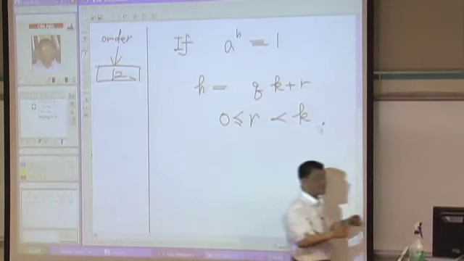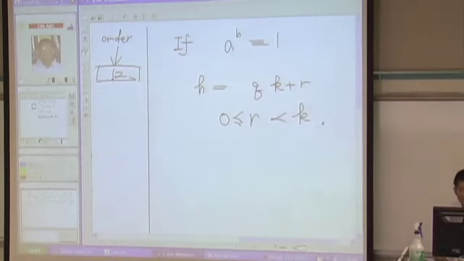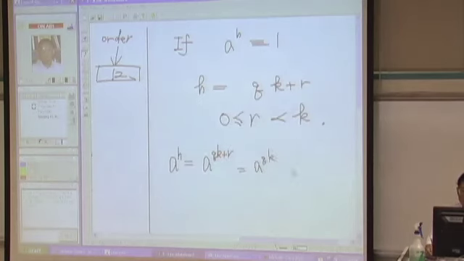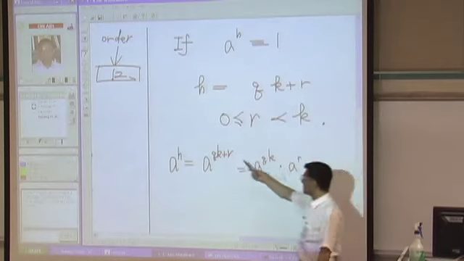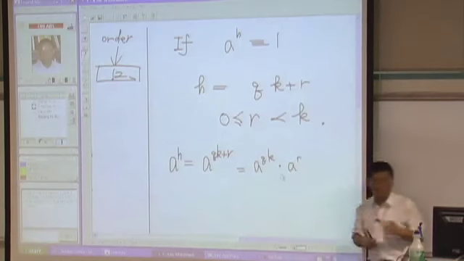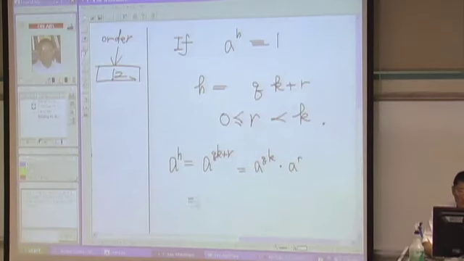Then, because of this, we can write this differently. A to the power of h equals a to the power of qk plus r, and then a to the power of qk times a to the power of r. The addition in exponent becomes multiplication, so this is equal to a to the power of k to the power of q, times a to the power of r.